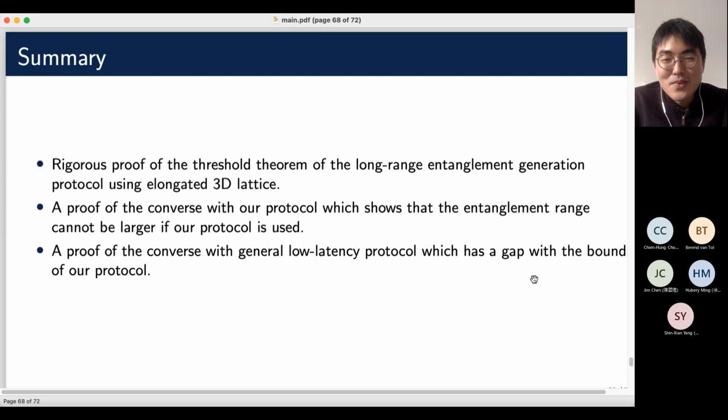But we also gave a proof that if we consider the general low latency protocol and this very easy idea of using a depolarizing channel with entanglement breaking, there is a certain gap between this general model and our model, and it is still open.